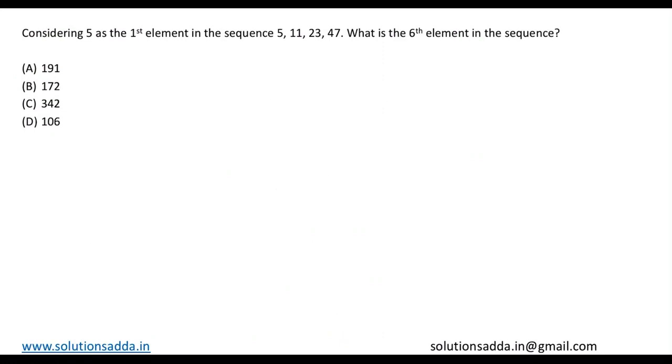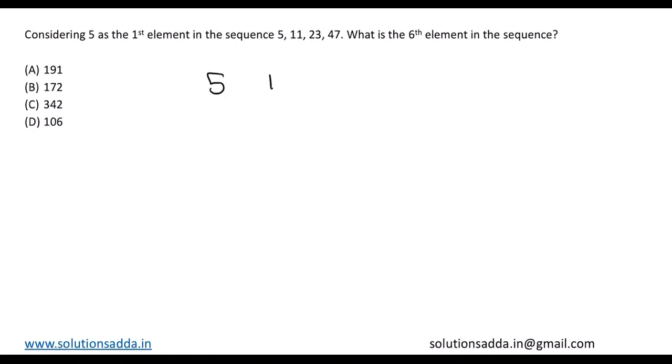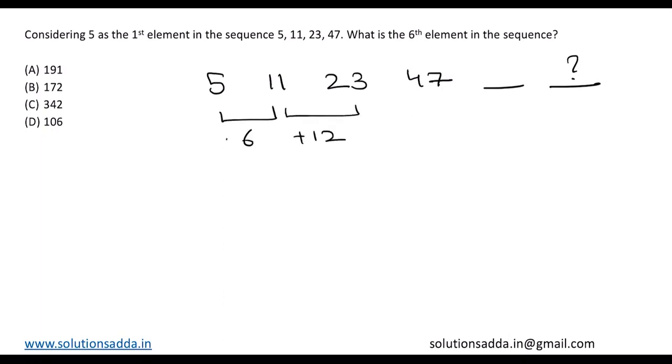This is a question based on number series from the aptitude section. Considering 5 as the first element in the sequence 5, 11, 23, 47, what is the sixth element in this sequence? So we need to identify the sixth element. Let us see the difference between first and second element. It is 6. The difference between second and third element is 12. The difference between third and fourth element is 24.